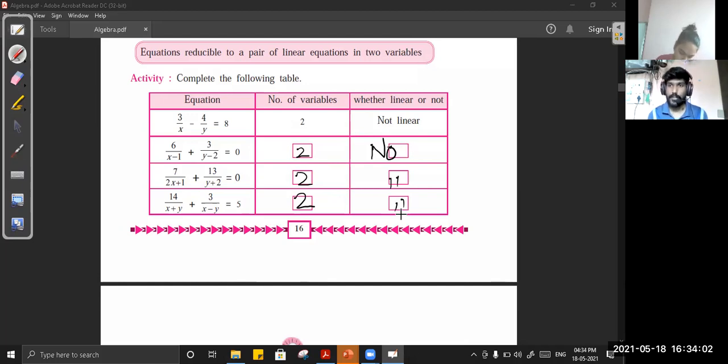The main goal for this activity is for you to identify non-linear equations. So if you see the variable in the denominator, then directly conclude it is not linear.